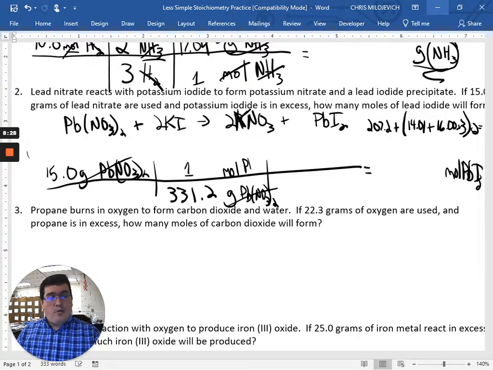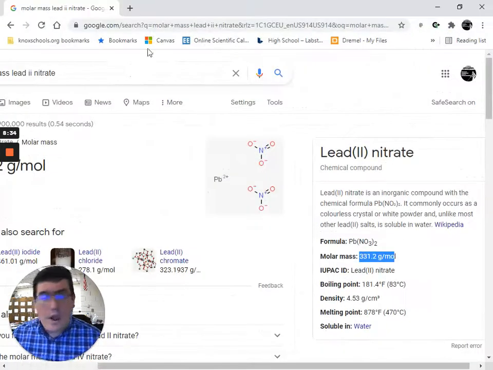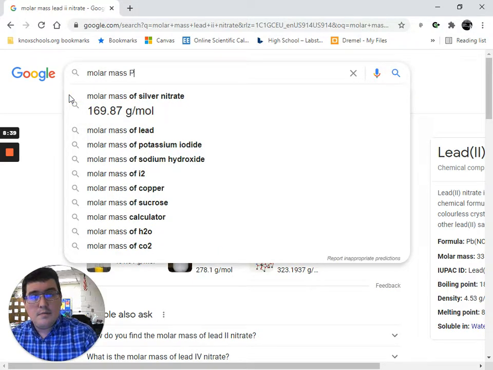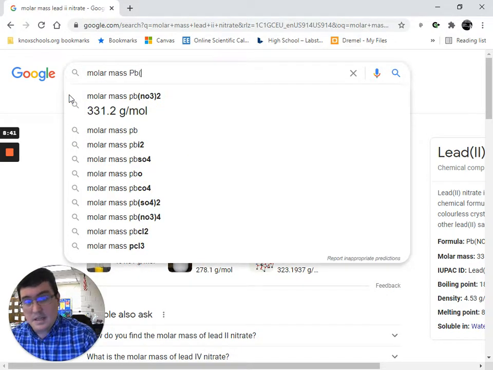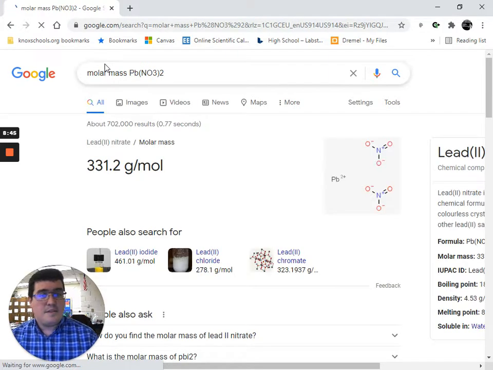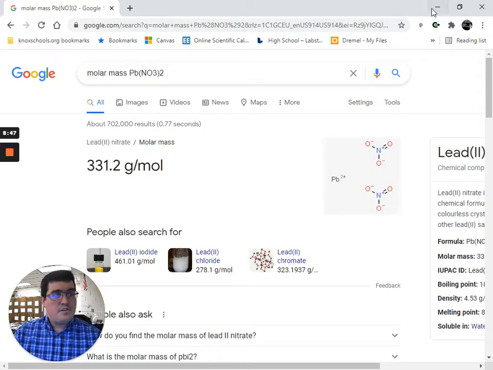That would be, by the way, moles of lead nitrate. And just to prove to you that I don't have to know that that's lead nitrate, I can search molar mass Pb(NO3)2, and it gives me the same thing. So you can double check your work here. Don't be afraid to do that.